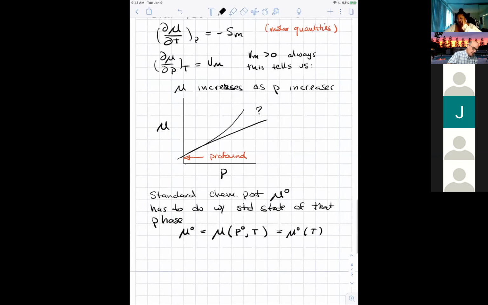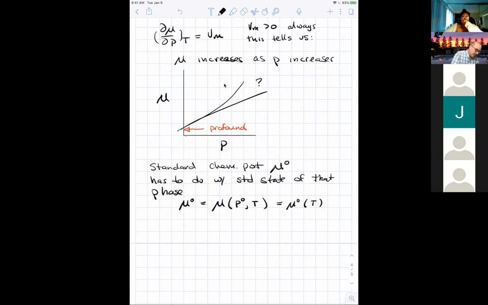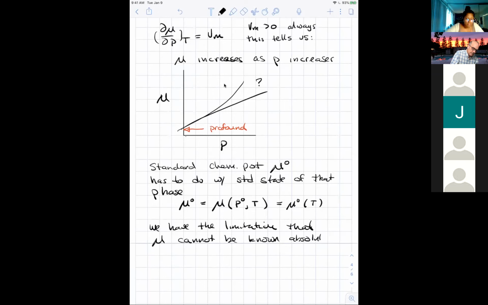Okay, we have the limitation that chemical potential cannot be known absolutely.